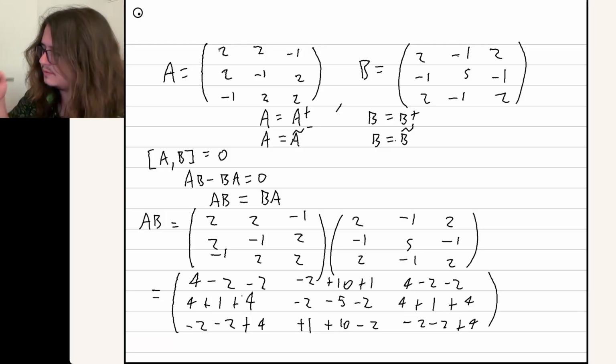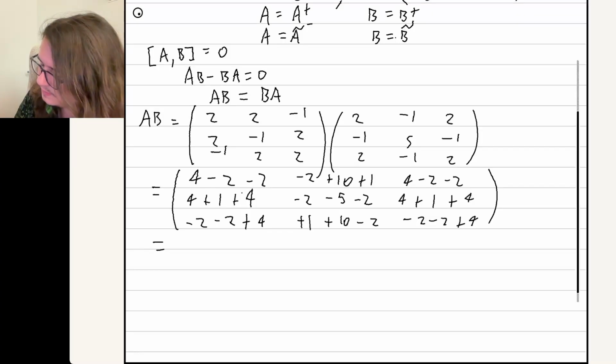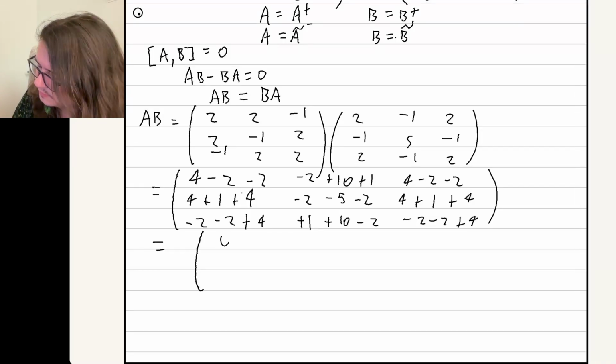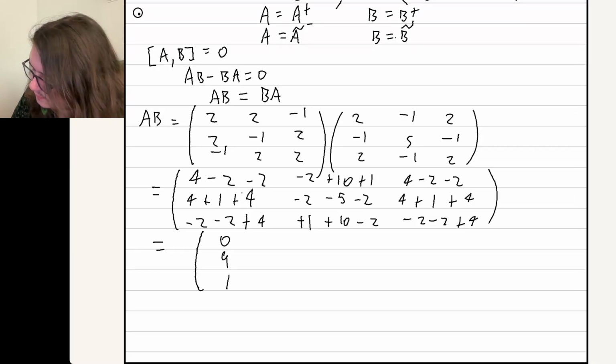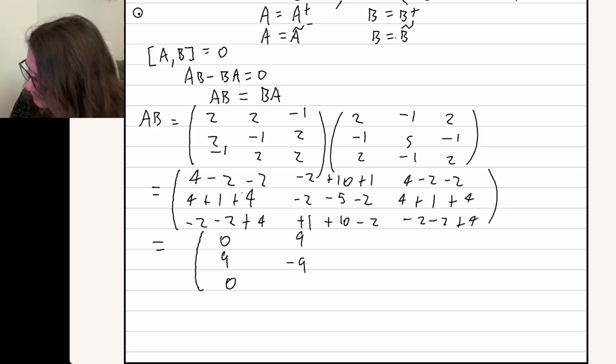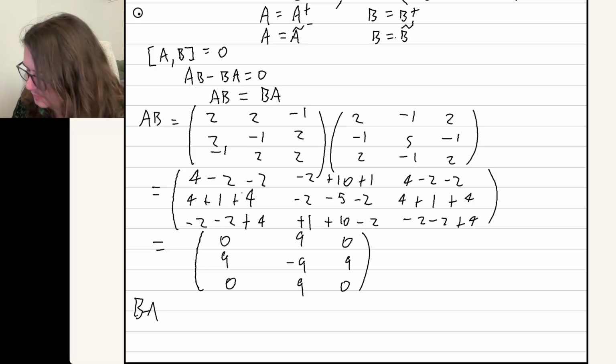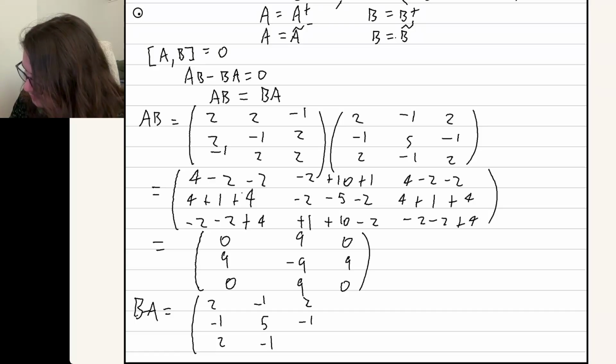So all in all, this is going to be 0, 9, 0, 9, minus 9, 9, 0, 9, 0. Slick.